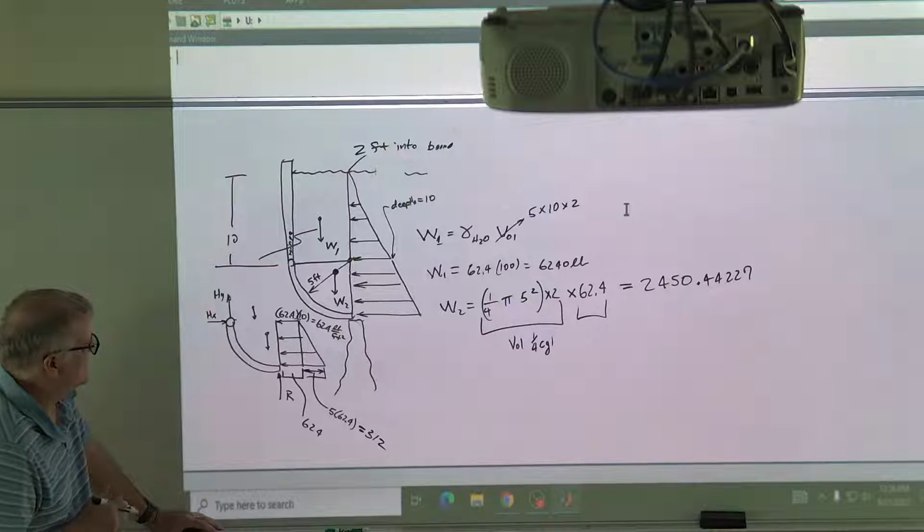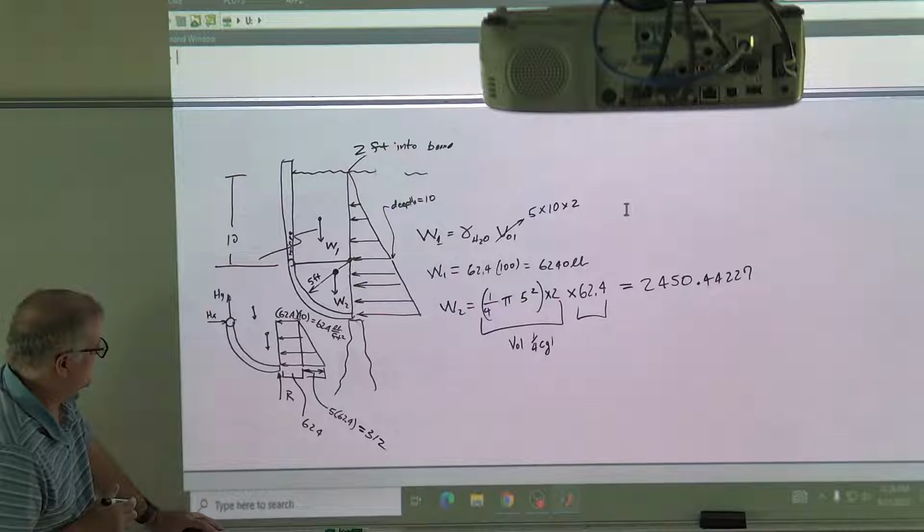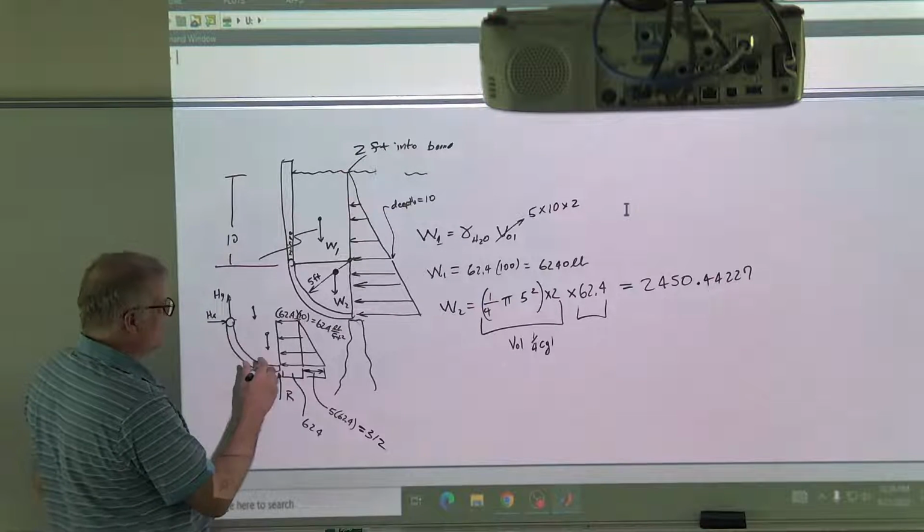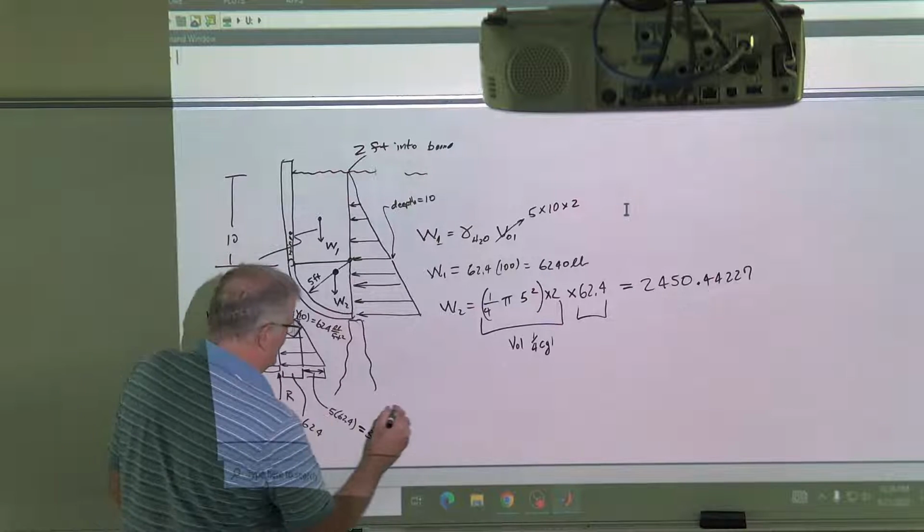So now what I'm going to do is replace both of those. I hate to redraw the free body diagram, but here's what I'll do.